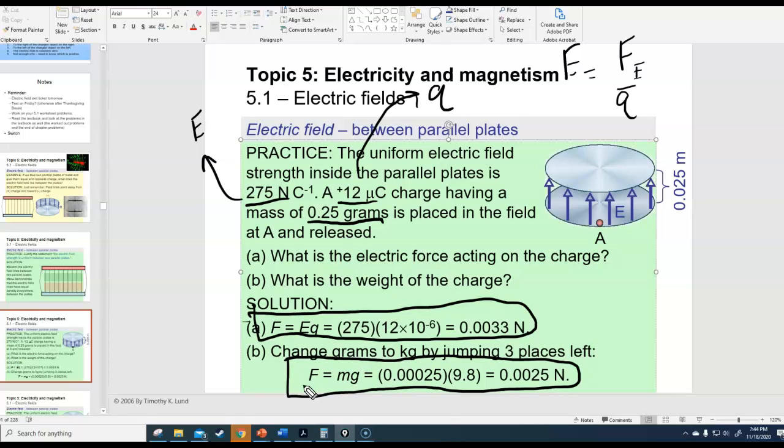And it's also possible to adjust the electric field so that this object actually floats. And historically speaking, that's the basis of what's called the Millikan oil drop experiment, which is basically, in really simple terms, I don't want to sell it short because it was a really interesting experiment, but basically the experiment was able to find the value for the elementary charge, the 1.6 times 10 to the negative 19 coulomb.